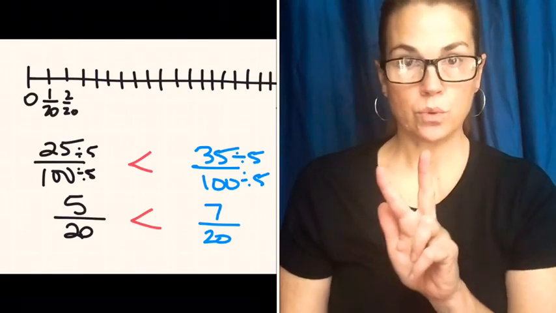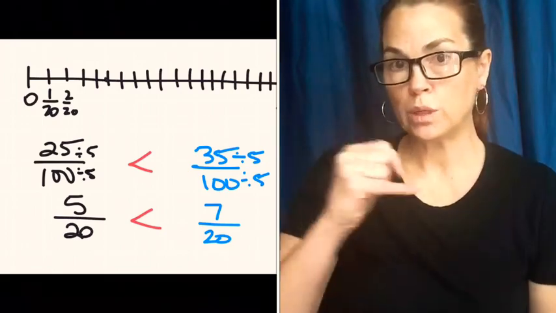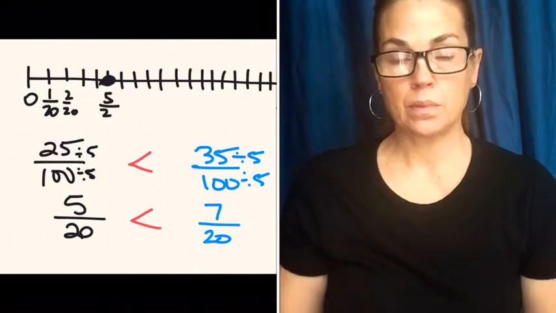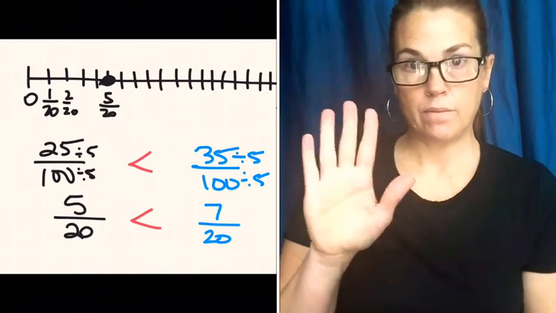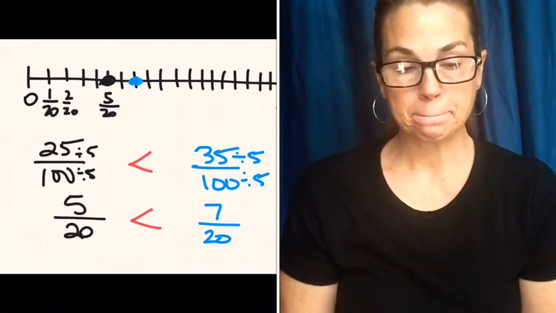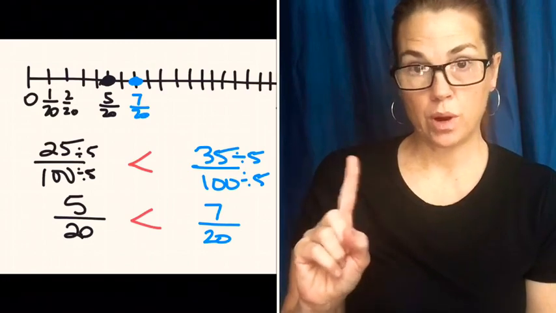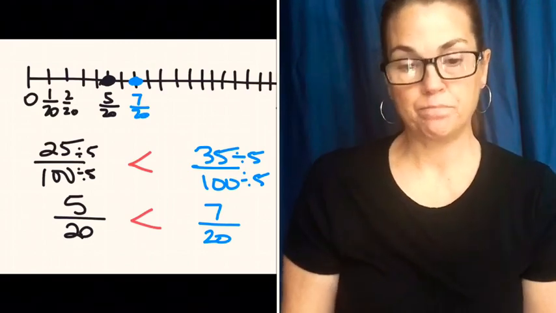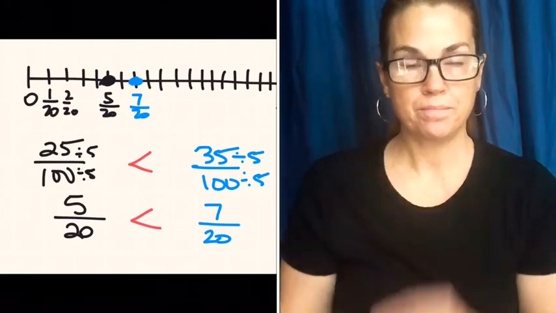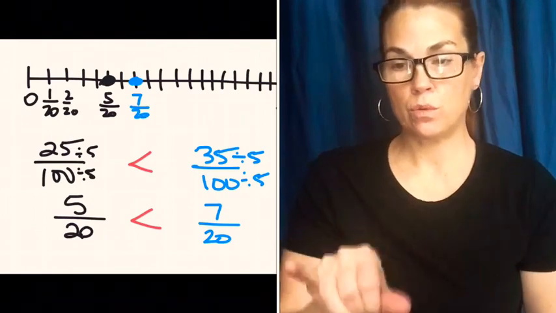So I could graph 5/20 right here. This would be the location of 5/20. And 7/20 would be graphed right here, 2 spaces further to the right, since it is greater than 5/20. This is what these two fractions would look like graphed on a number line, showing that 7/20 is greater than 5/20.